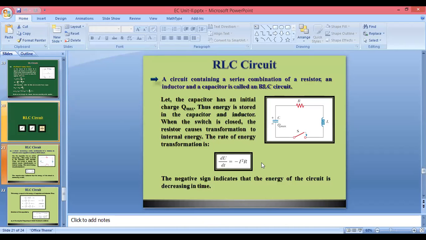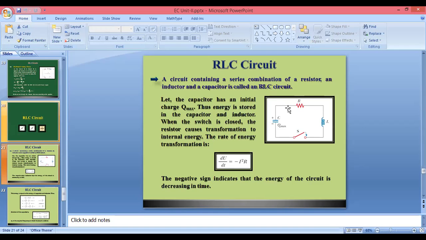In the previous session we studied RL and RC circuits, where we derived the equations for current and voltage across the resistor and the capacitor.